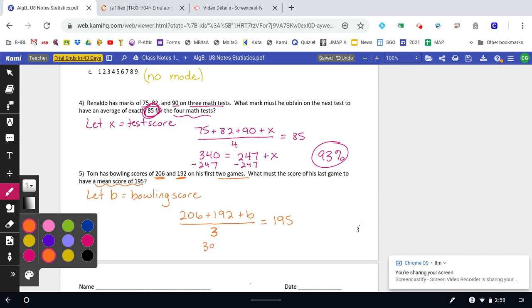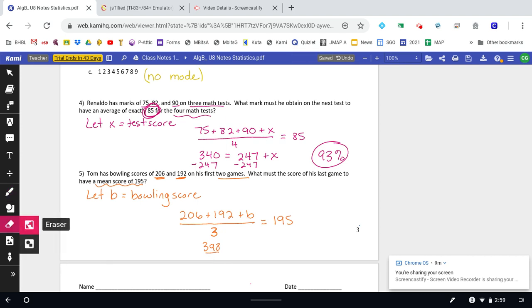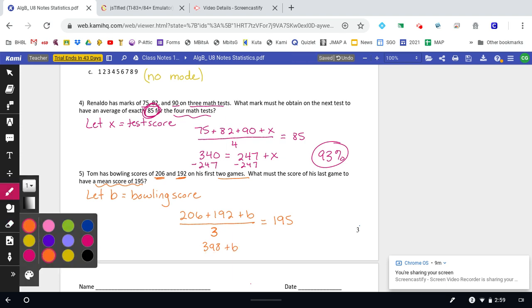That's going to give me 398. 398 plus B, and then we're going to cross multiply, remember, it's over 1. So 195 times 3, there's 585. Subtract this from both sides. And I get 187.